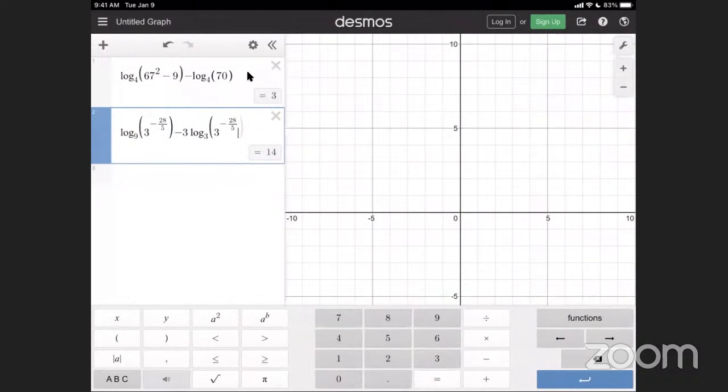I'm kind of doubting that it's going to work, but let's just, oh my gosh, 14. Yeah, it worked. Oh, I love it when that happens. So it worked. Perfect. There you go.